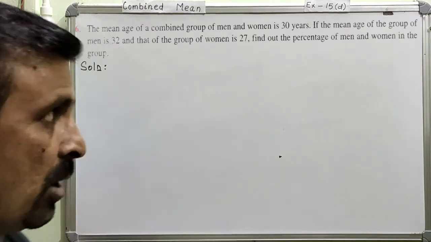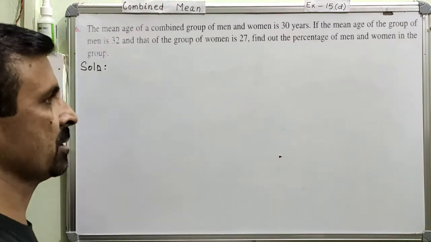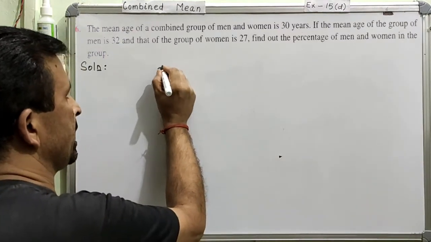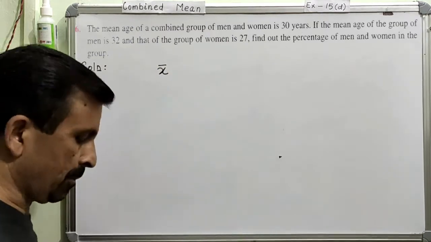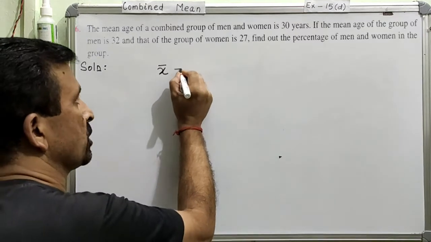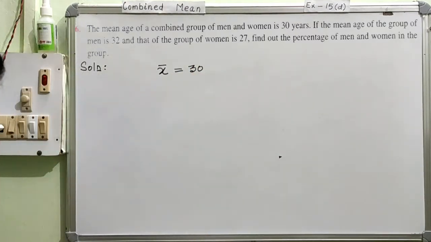First of all, I want you all to look at the board and see question number 6. Question number 6 says, the mean age of a combined group of men and women is 30 years. So here we have the combined mean age of men and women, given as equal to 30.